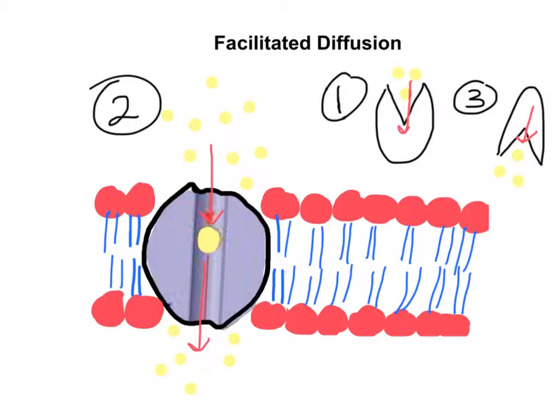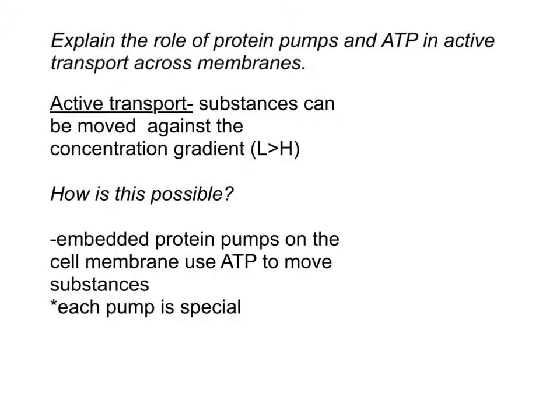This is just a quick overview of protein pumps and ATP in active transport membranes. So, first of all, what is active transport? Active transport involves the movement of substances through the membrane using energy from ATP.